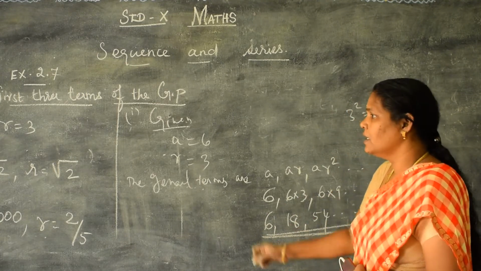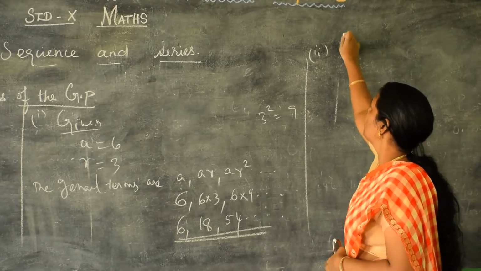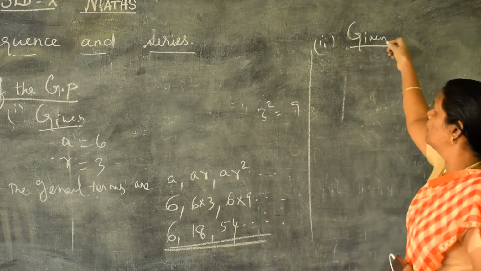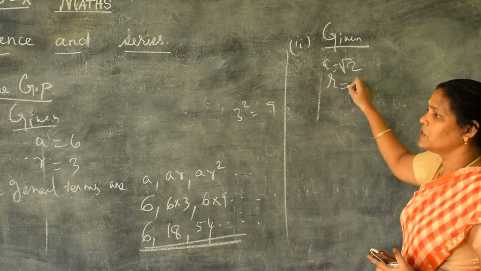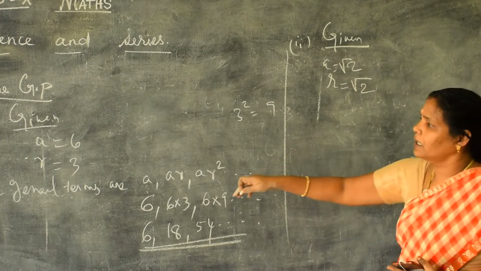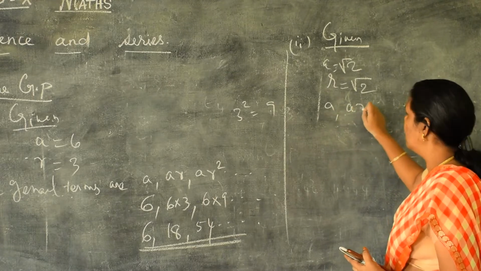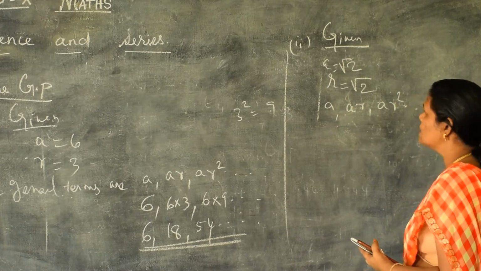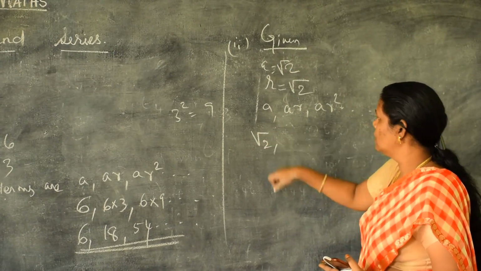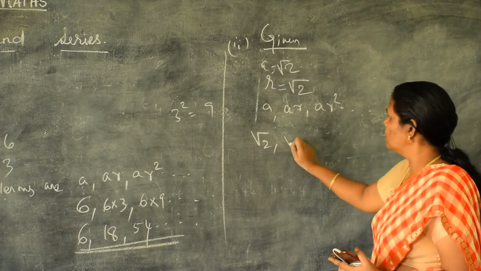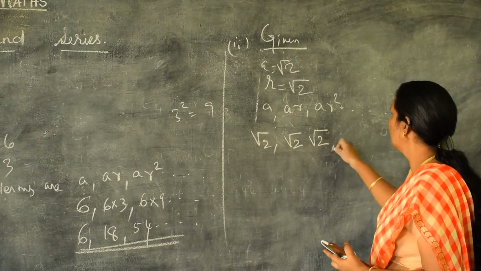You got it, children? So see the second problem now. Your second one is what? Given A is equal to root 2 and common ratio R is equal to root 2. Again, what are the general terms? They are A, AR and AR square and so on, isn't it? So A is root 2, R is also root 2.